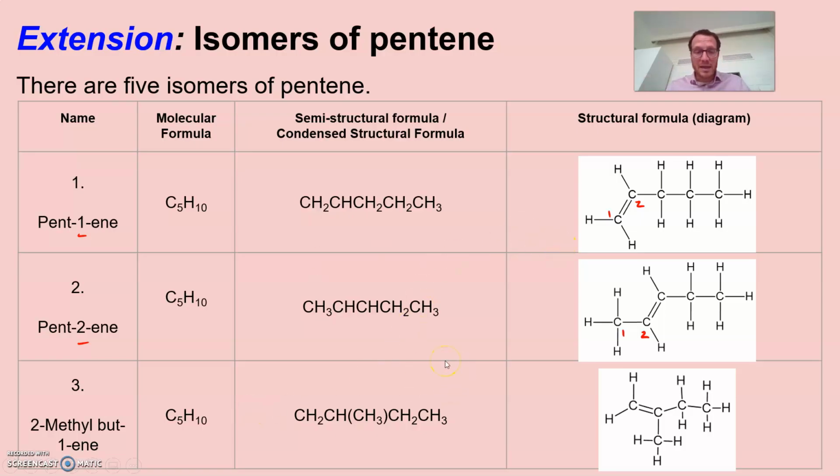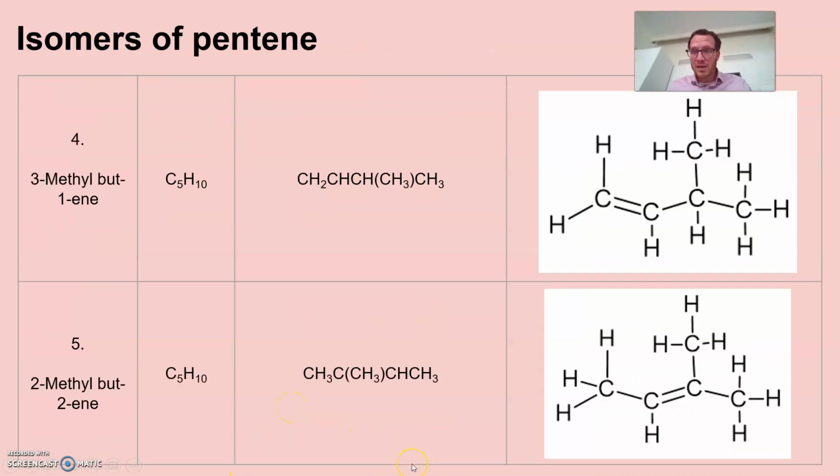And there are our other possible isomers. 2-methylbutene, so that methyl group coming off the second carbon. Other structures: 3-methylbutene, right? The double bond takes the priority in terms of the numbering, so the number 1 carbon is here.